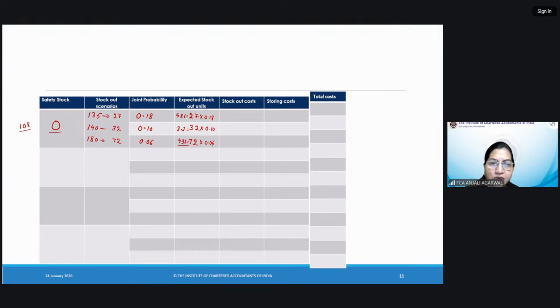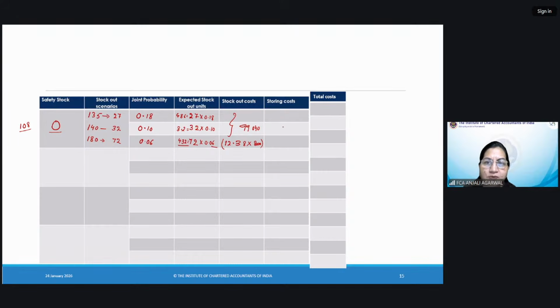The total stock out units are 12.38 and the stock out cost is 8,000. 12.38 into 8,000 comes to 99,040. So 99,040 is your stock out cost.